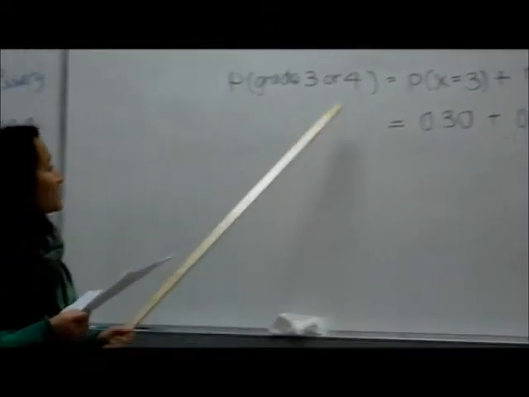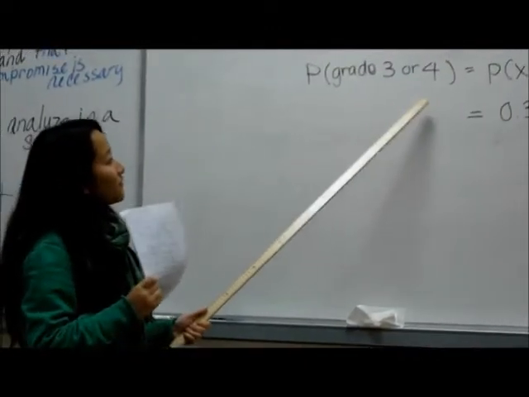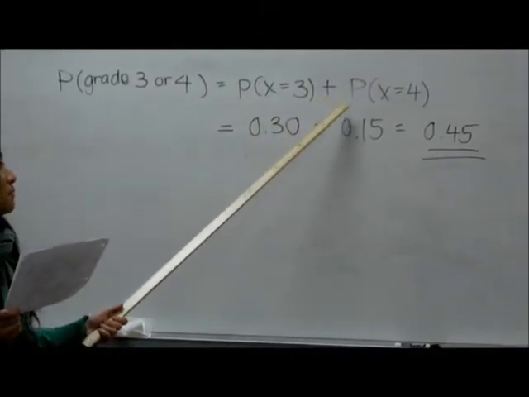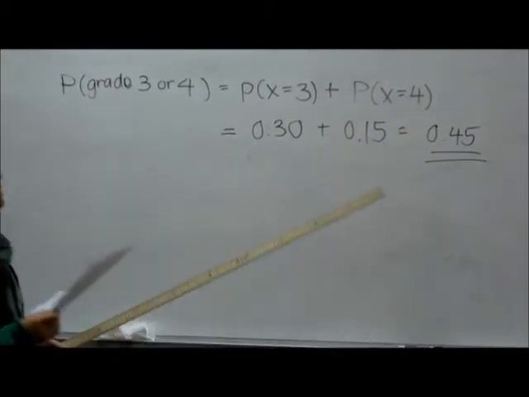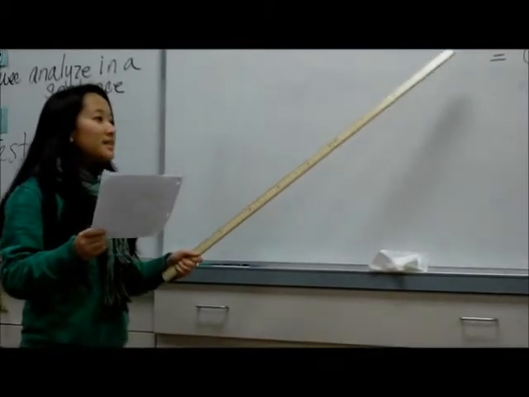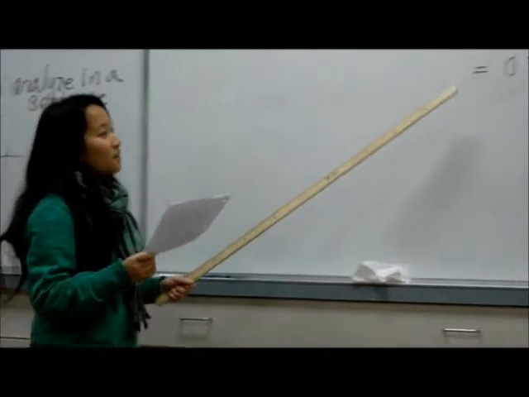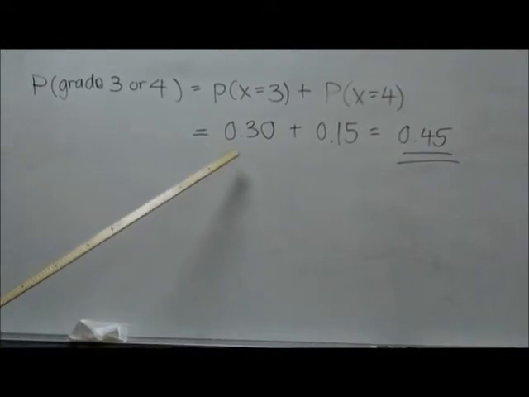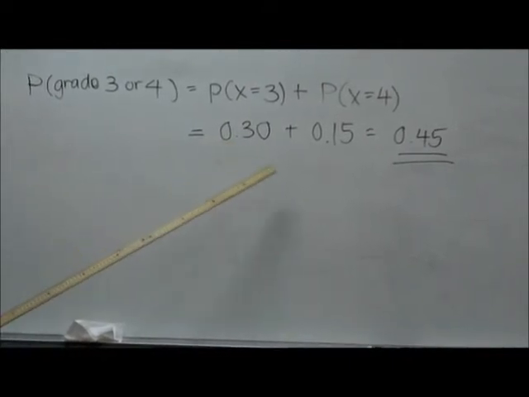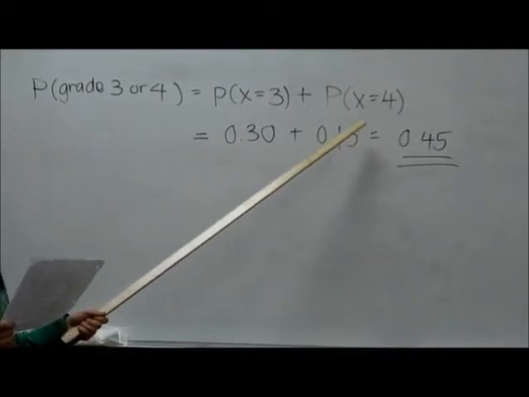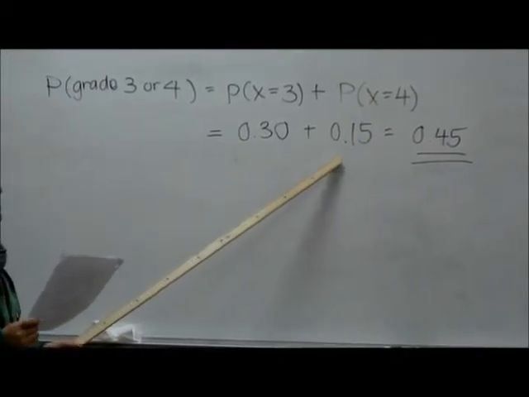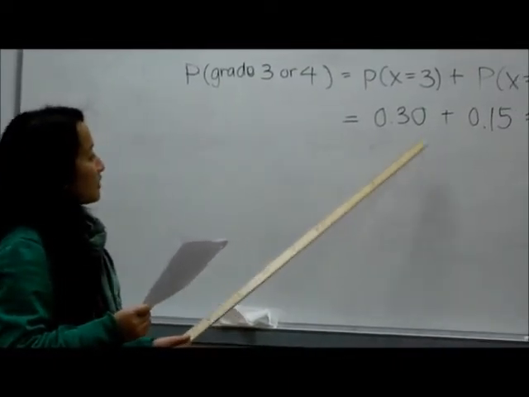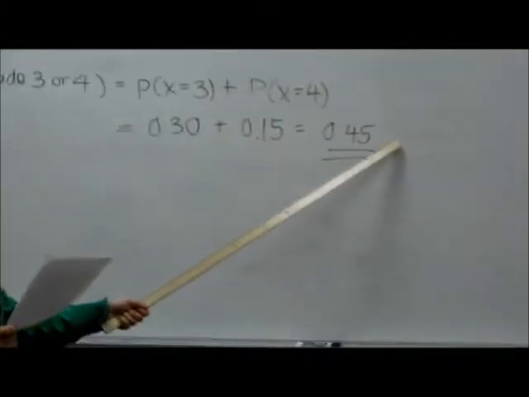The probability of grade 3 or 4 equals the probability of x equals 3 plus the probability of x equals 4. From the chart, the probability of getting a B in the class is 30%, and the probability of getting an A is 15%. Adding the 2 probabilities, we get a total of 0.45.